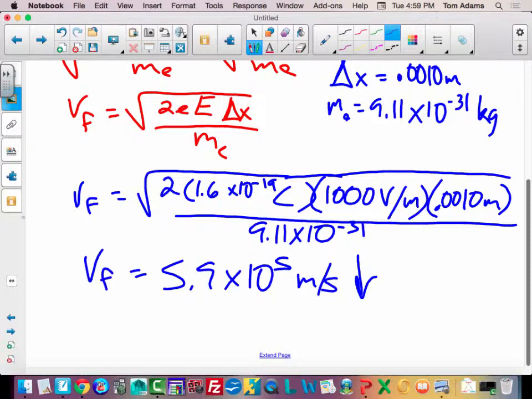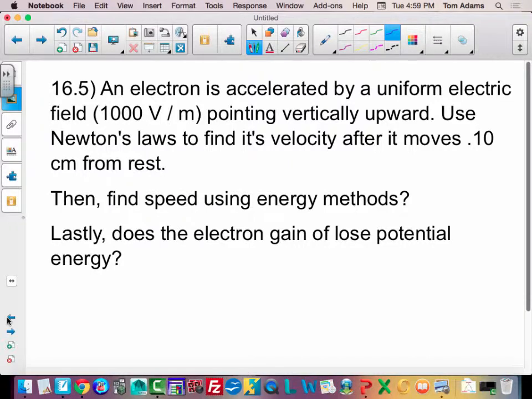The last part of the question was, the good thing is that this part right here, using Newton's law, was equal to this thing, so that's a great way to double check things. But lastly, it says, does the electron gain or lose potential energy? And so here's where it gets a little interesting.